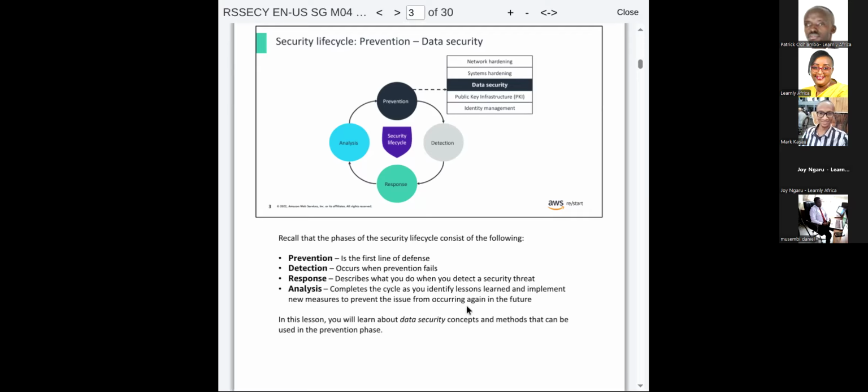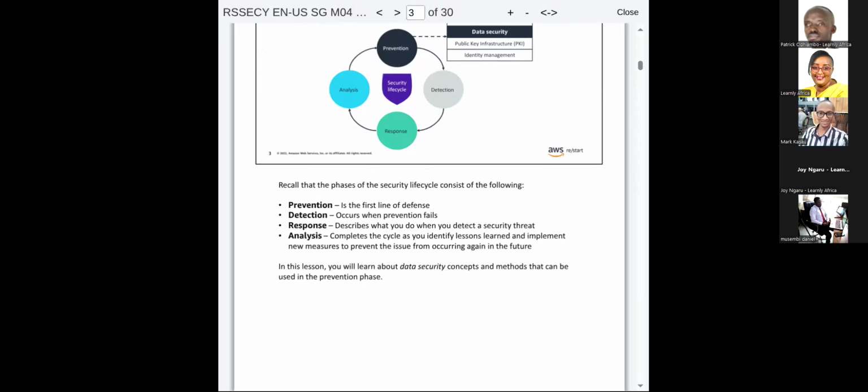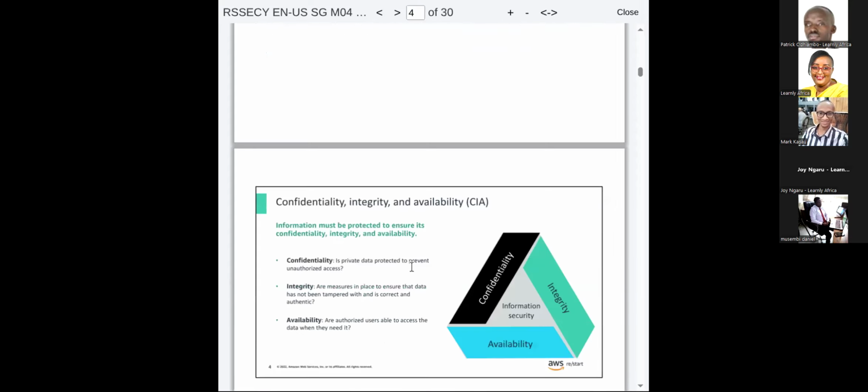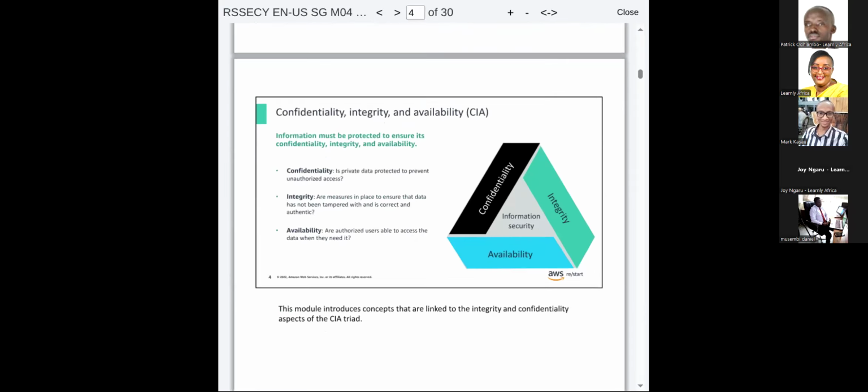The third one is responding to it: how fast, and what can we do to respond to a threat event or an attack. Finally, we have analysis. How can we learn from whatever happened? What can we do better to improve the availability of data and resources, plus confidentiality and integrity?